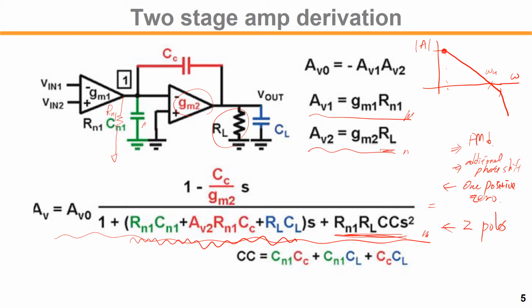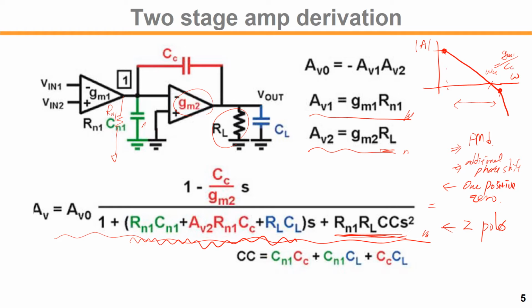So this dominant pole and second pole are very widely separated, so we can do some approximation for these cases. To recap, omega u was what? GM1 over CC.